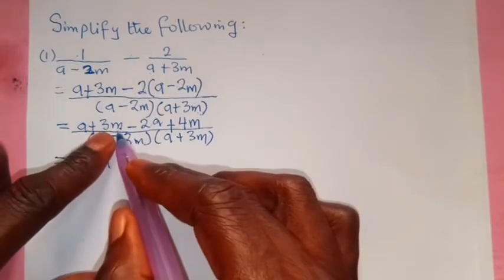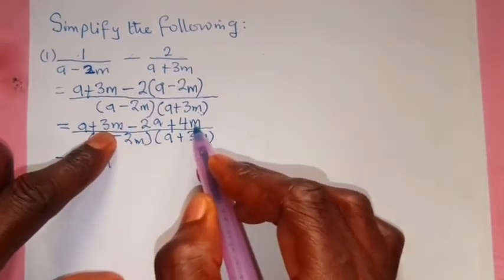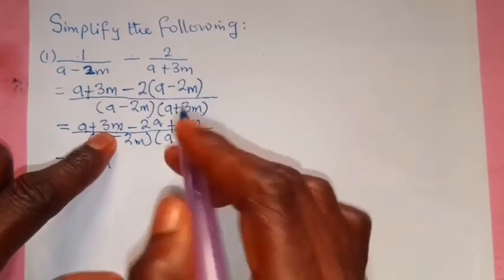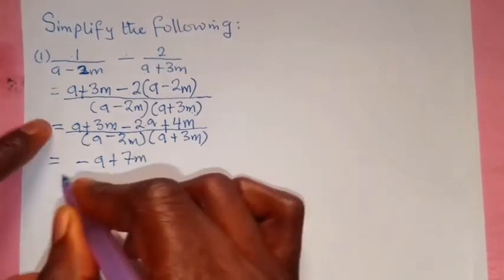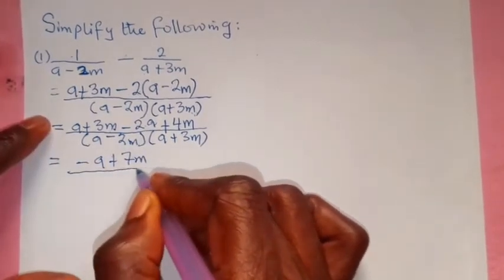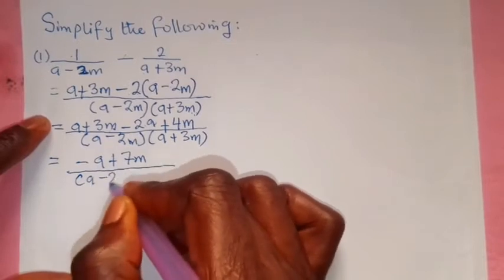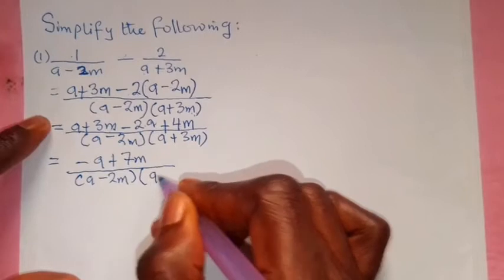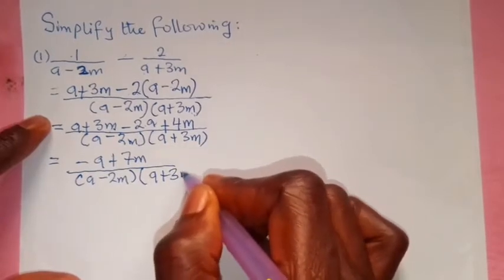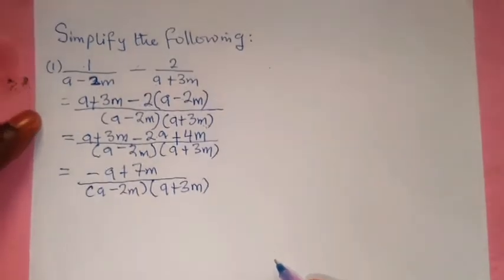And then here we have plus 3m plus 4m, and that will give us plus 7m. So write the value here, plus 7m. Then this minus a plus 7m will be sitting upon your a minus 2m, put it in brackets, and then open another bracket and write your a plus 3m. And there you have it. That is the final answer to this first question.